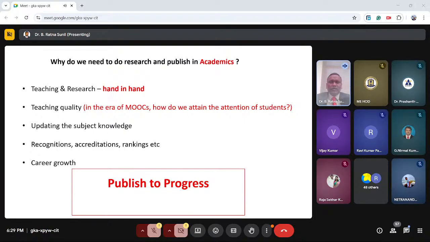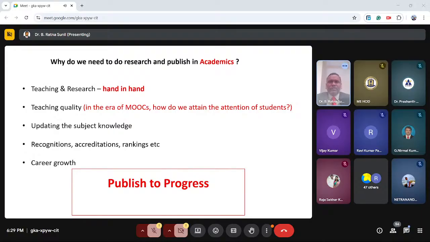And teaching quality. Obviously now there are a lot of great videos available online. If you just open YouTube, you can type any topic and find it. During our graduation, there was no internet at all, no computer at all. Therefore we relied only on the textbooks and the lectures delivered by the professors in the classrooms.